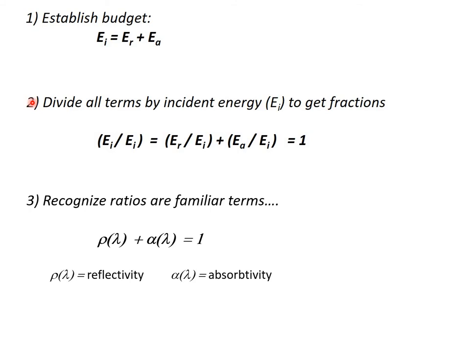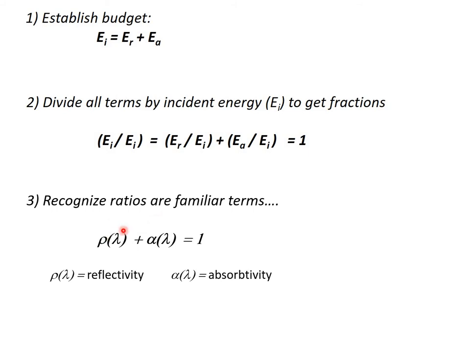And then what we can recognize is that actually these are familiar terms. Right here, the fraction of reflected energy over incident energy. That is the reflectivity, right? Okay. The fraction of absorbed energy over incident energy. That is the absorptivity. So we actually already had this equation. Reflectivity plus absorptivity equals 1. And again, this is just another way of saying it's a zero-sum game.